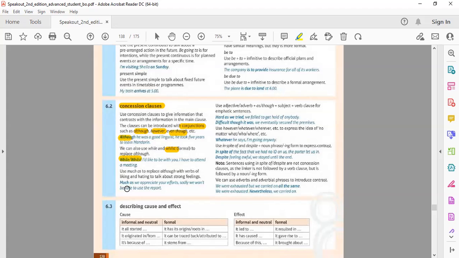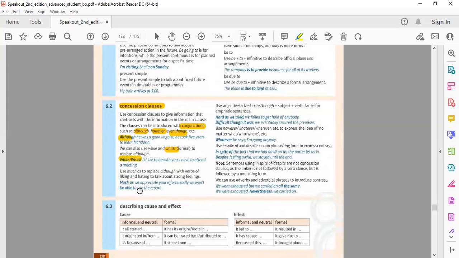You can use it to sound sophisticated. Much as we appreciate your efforts, sadly, we won't be able to use the report. It means here, although we appreciate your efforts, sadly, we won't be able to use the report you give us.